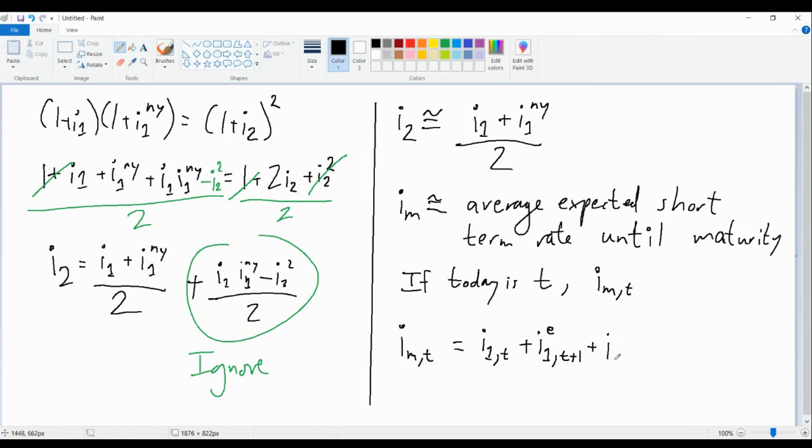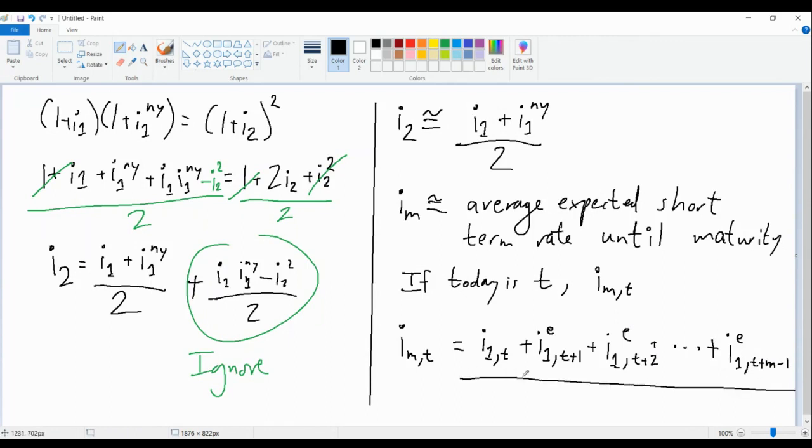And then the 1-year bond the year after that, all the way to the 1-year bond when the thing matures.